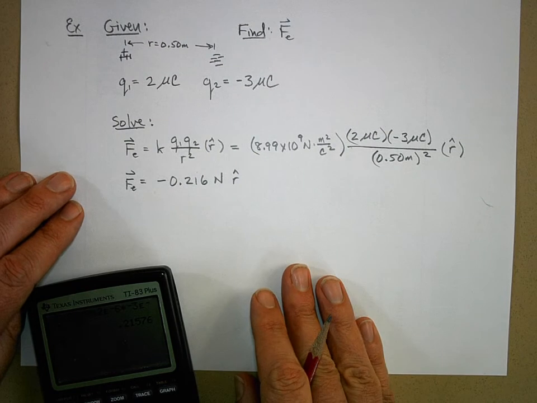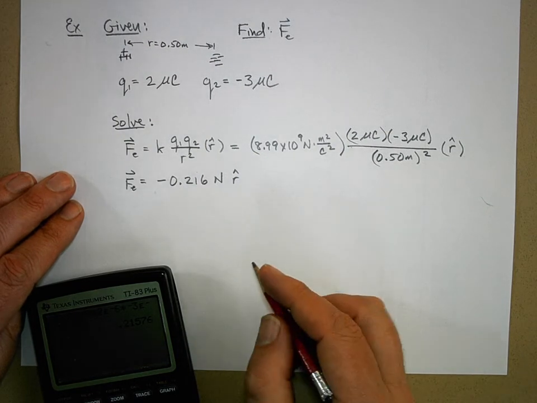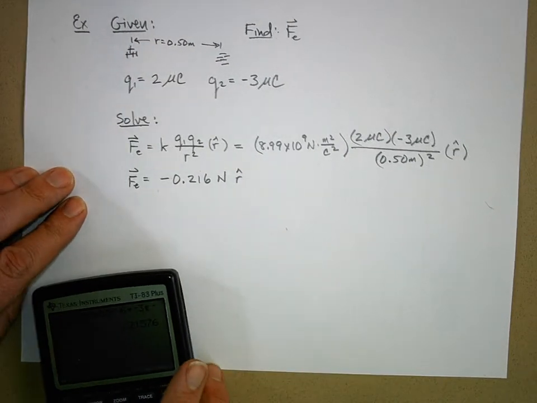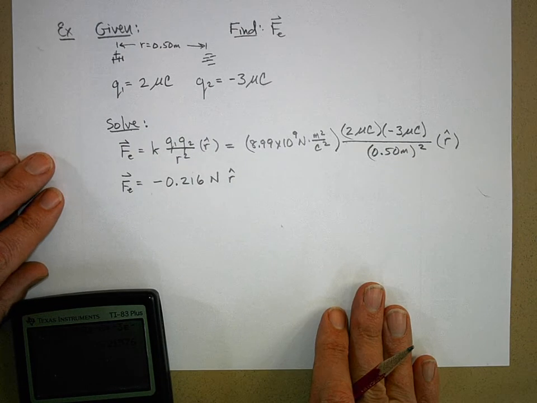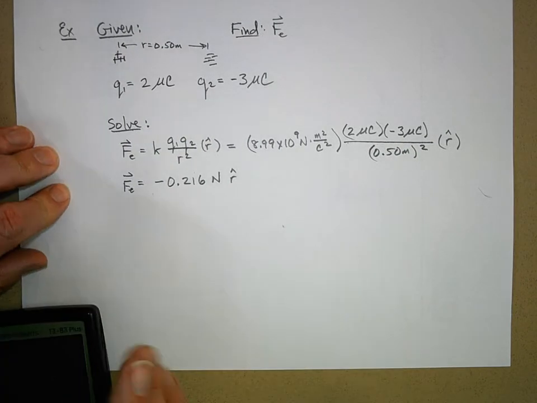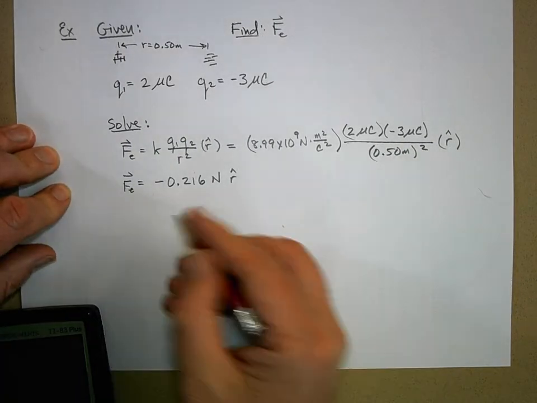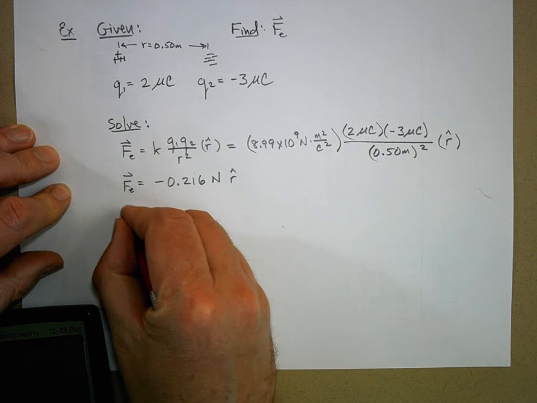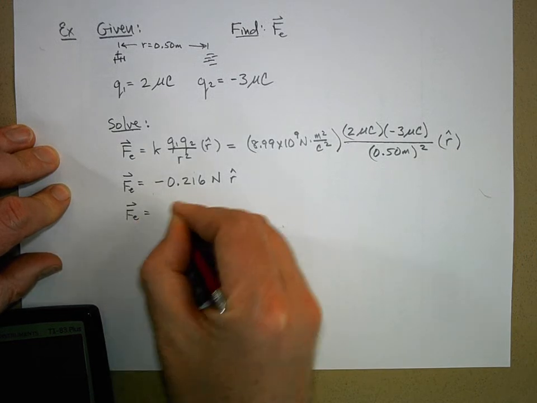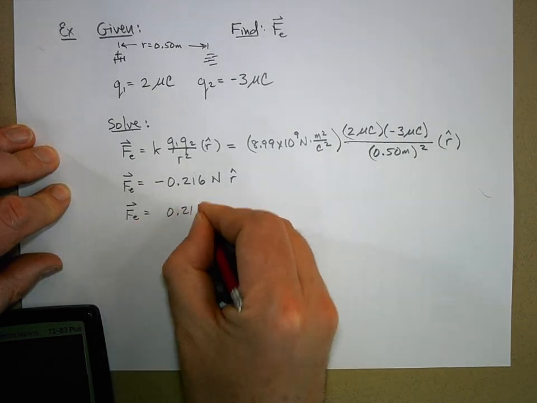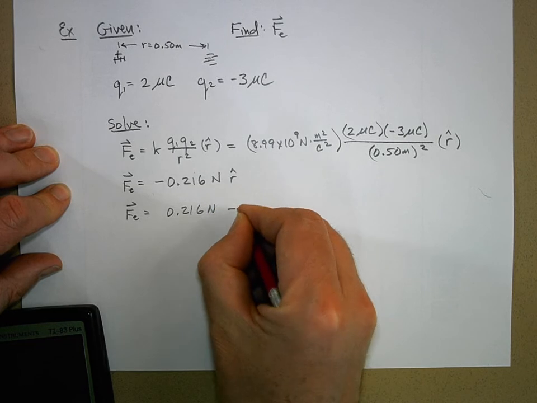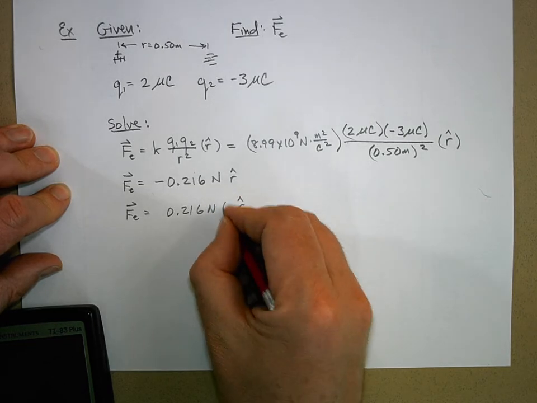Now I'm going to do something a little different here. And this is the way I like to do it. You could write this as your answer, and that would be correct. I like to do it like this.